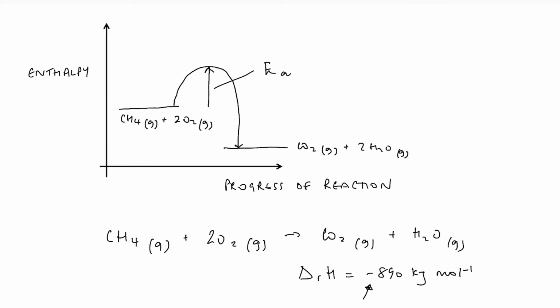A couple of things that I would like to point out when we're drawing enthalpy level diagrams or enthalpy profile diagrams at A level. You're often asked to sketch one. You need to make sure that your arrow for activation enthalpy firstly goes up. We don't want to see a double-headed arrow. It's not an energy transfer going both ways. And that it actually runs directly from the line of your reactants to the top of your curve.